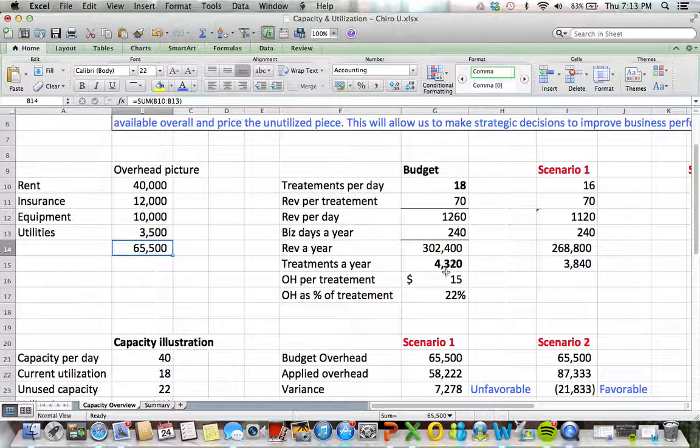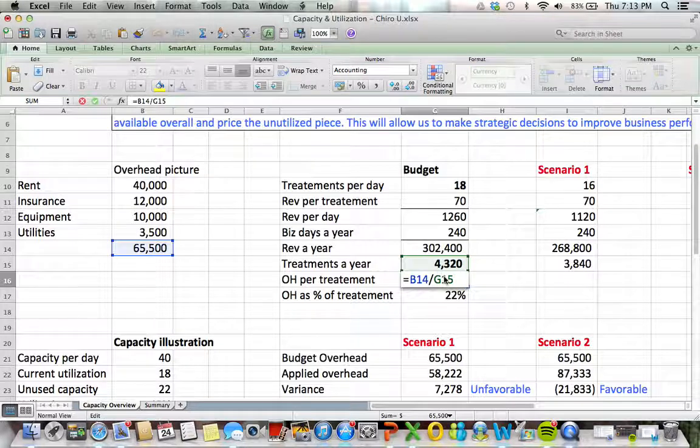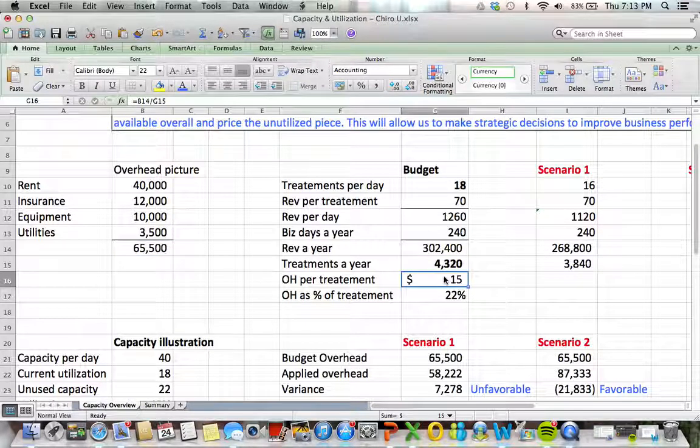So what's the overhead per treatment? It's just the 65K divided by 4,320. Now, that's my budget. This is what I am intending on doing. I thought I was going to do 18 treatments per day, and altogether, this is how much I'm going to make based on that.